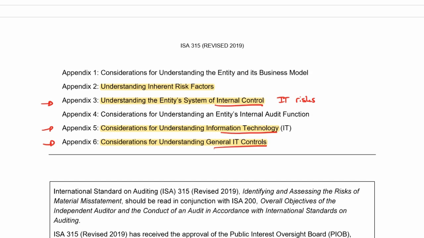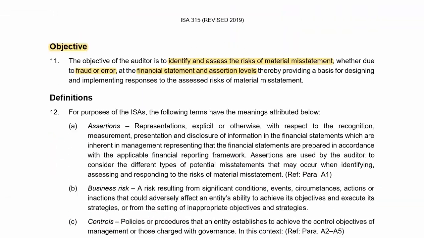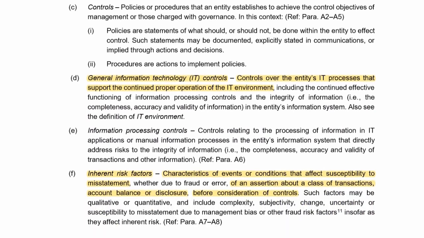Okay, I want to take you to the definitions because the definitions have some specific computer information system terms that I want you to be aware of. The first one being general information technology controls, general controls.